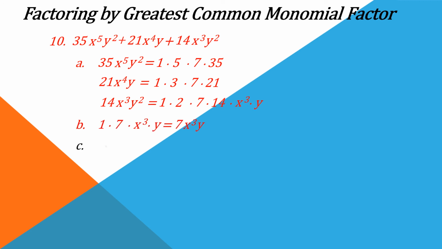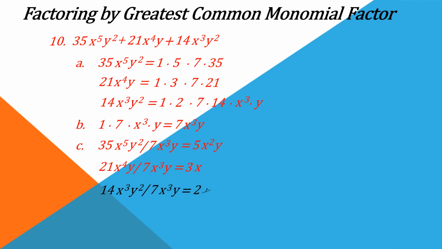Now we divide each term in our polynomial by the greatest common factor 7x cubed y, and the first term, 35x to the fifth y squared divided by 7x cubed y, is equal to 5x squared y. For 21x to the fourth y divided by 7x cubed y is equal to 3x. And 14x cubed y squared divided by 7x cubed y is equal to 2y.